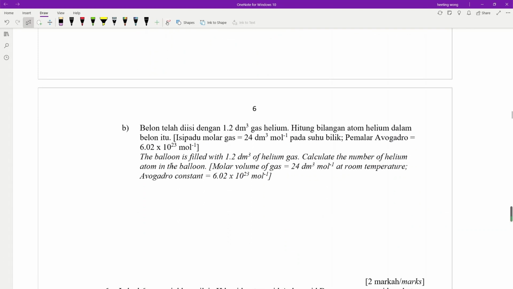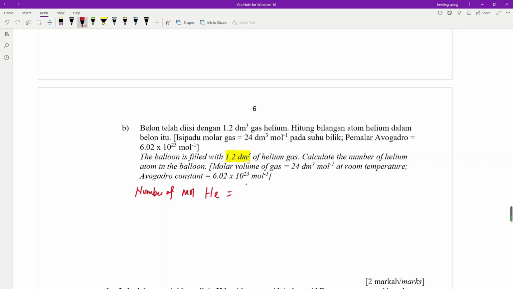Now, the balloon is filled with 1.2 cubic decimeter of helium. So calculate the number of helium atoms in the balloon. Okay, so here, given to you, this is the volume of gas. So first, we should find the number of mole of helium.